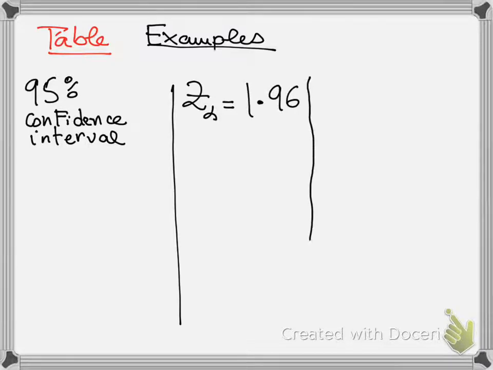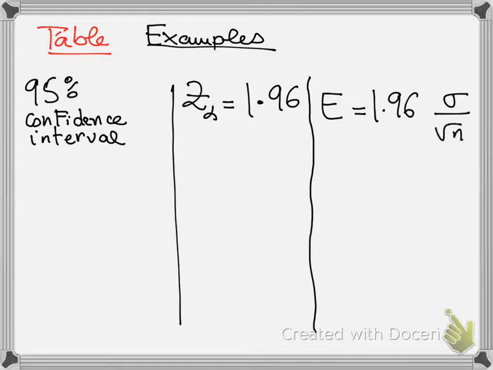Then the maximal error E is equal to 1.96 times sigma over square root of n.